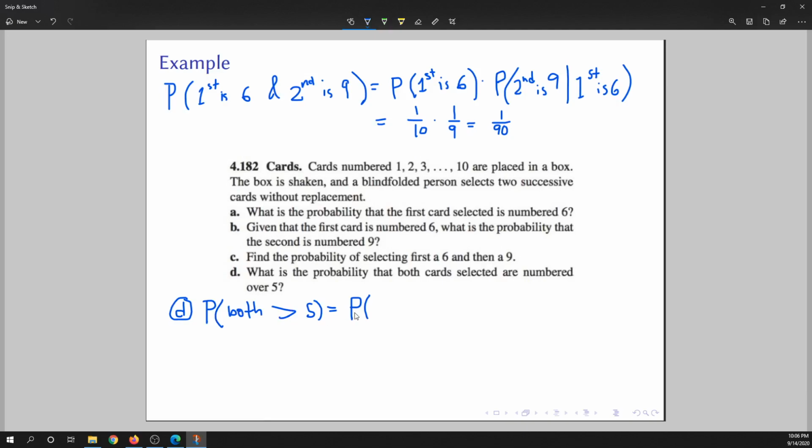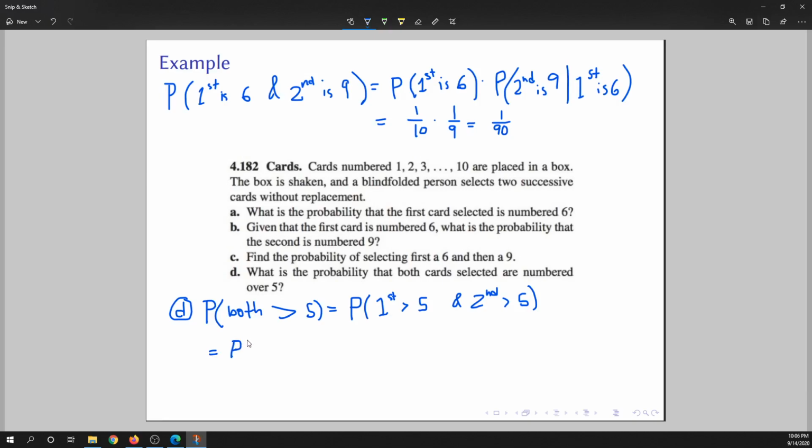If they're both greater than 5, another way of saying that using and is that the first one is greater than 5 and the second one is greater than 5. That is more desirable, because we have a nice rule that lets us calculate this probability, the general multiplication rule.